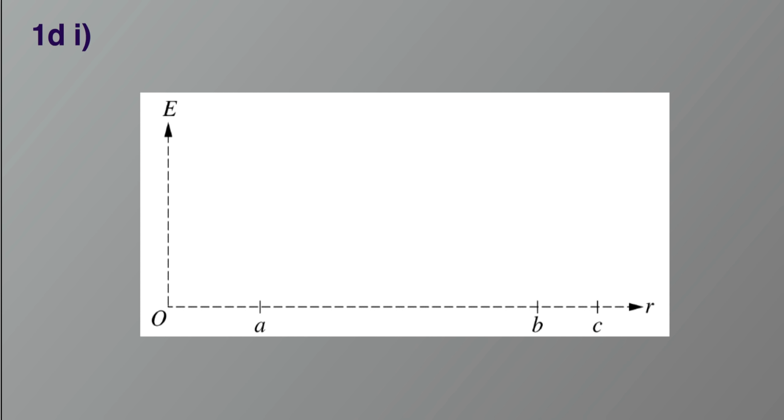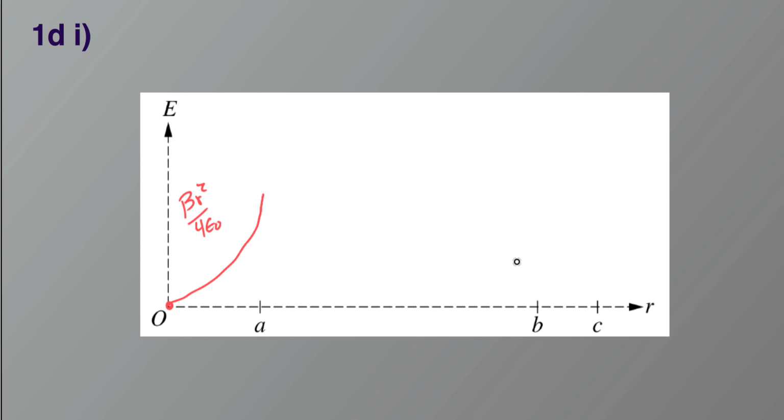Part 1D, Section 1, wants us to sketch the electric field as a function of distance r from the center of the sphere. We've already figured out what the electric field is, so now we're just graphing it. We start here at 0. At point A, we come up to a maximum, as this is related to beta r squared over 4 epsilon naught.